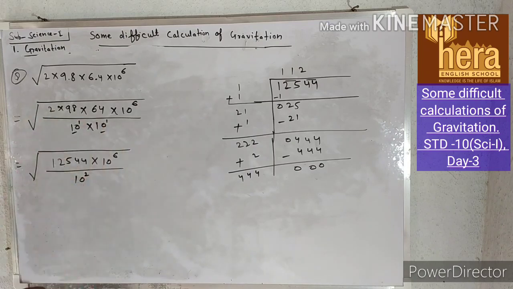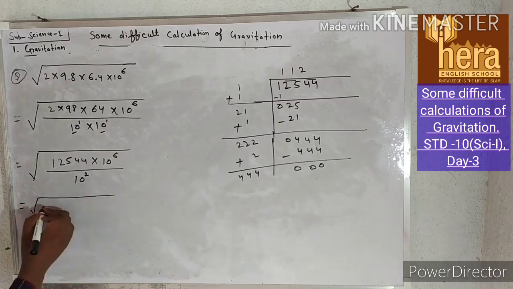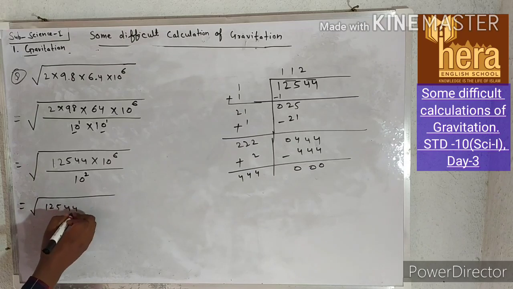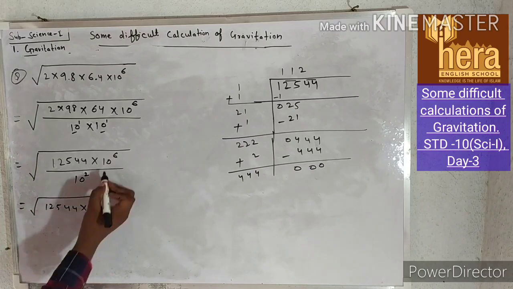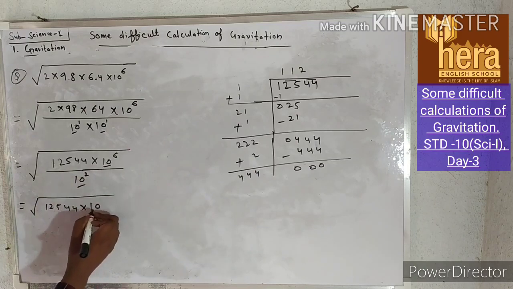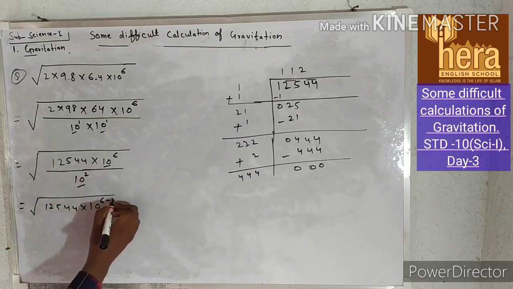This will be equal to 1 plus 1, 2, right? So this will be equal to 12544 into base 10, both are in division. This will be equal to 10 raised to 6 minus 2.